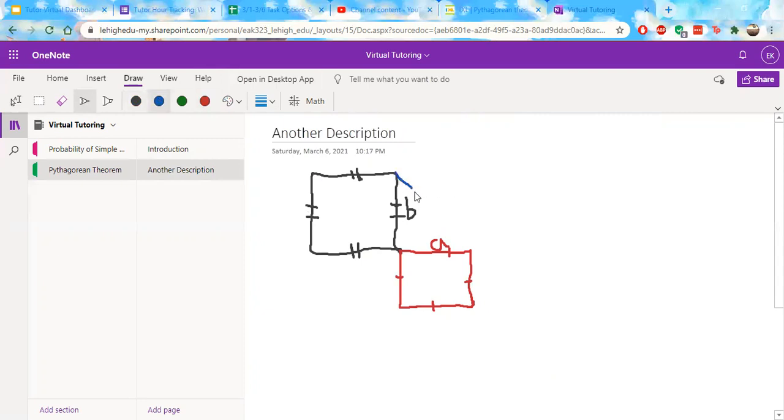And then let's say we have side C with a box. This one's a little sketchy, but I'm doing the best I can. All right. And then this is side C, all right? And then this is a square again. All right. And let's say it's a right angle right here. All right.